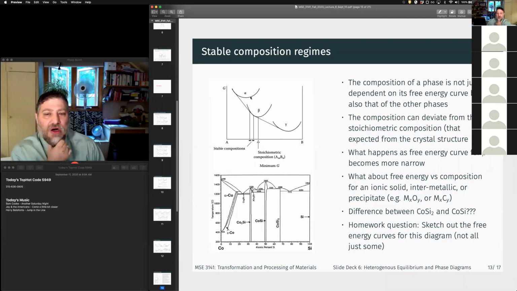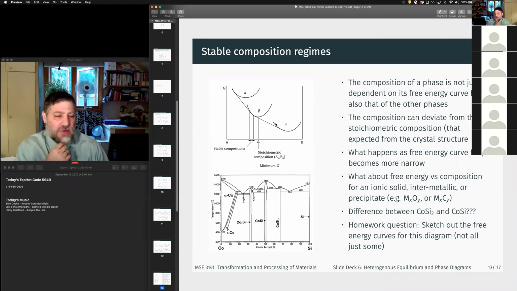It also means that if I'm drawing these tangent curves, the composition may differ from what we would expect stoichiometrically from the crystal structure, right? An example of this is the aluminum copper system.